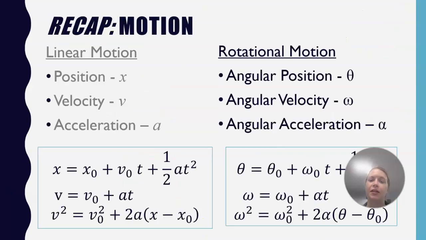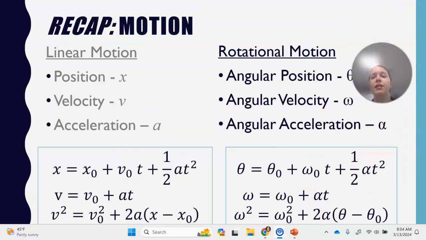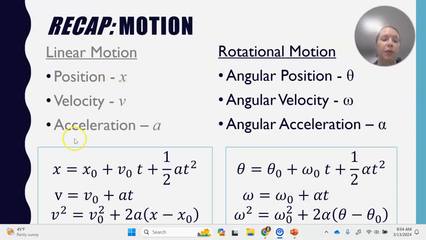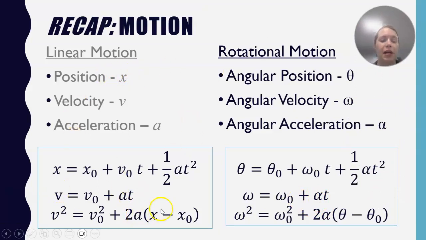So thinking back to our motion equations, for linear motion we had these great big 3 kinematics equations, and for rotational motion these equations are the same, but instead of linear displacement we have angular displacement, instead of linear velocity we have angular velocity, instead of linear acceleration we have angular acceleration. So these top two are in your reference table separately from the linear motion equation.